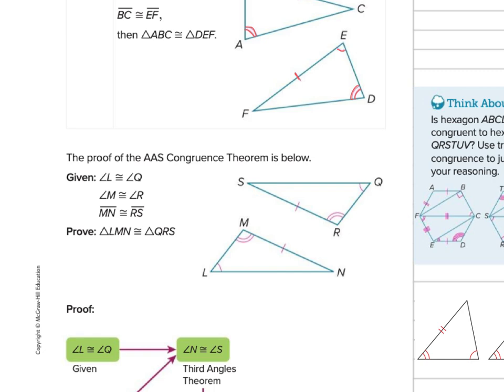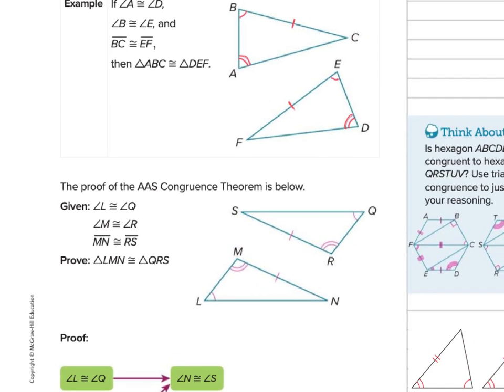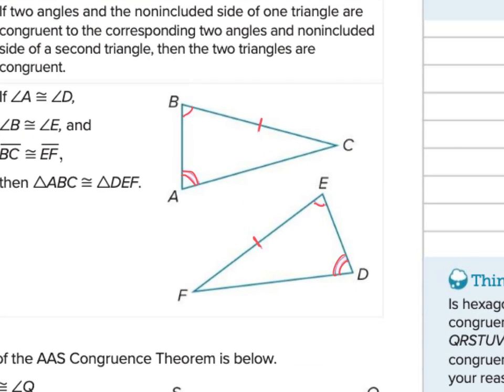So again, looking at this, what do we know? They're talking about it a little bit farther, that we learned that this is enough information to prove that two triangles are congruent. But think about what we had learned previously, that if two angles of one triangle are congruent to two angles of another triangle, then we know that the third angle is also congruent.